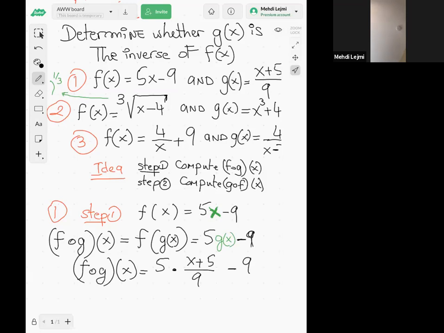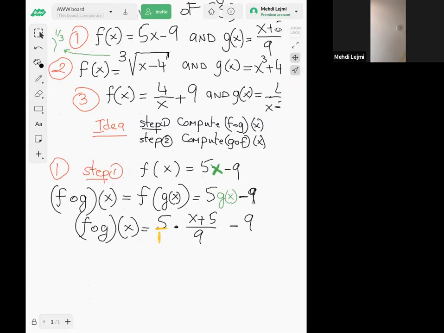So here it's 5 times the x plus 5 over 9. Let's just make it a fraction here, 5 over 1. So that will be equal to f composed with g of x, which is 5 times x plus 5 over 9, minus 9.